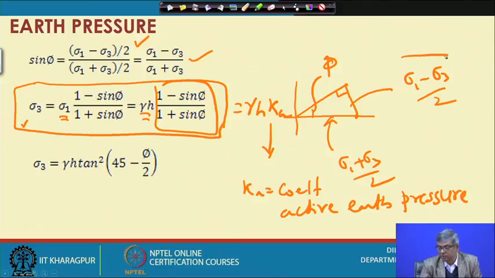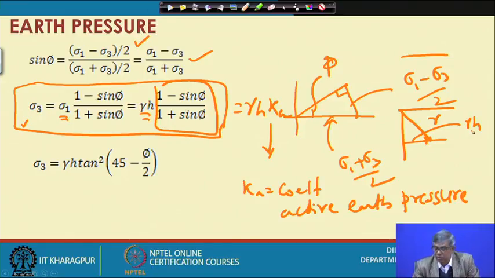So if this is the wall, and gamma is here, then at this point if I draw the vertical pressure diagram, it will be something like this, gamma times h. If I want to draw the active earth pressure, it will be something like this. How? It will be gamma times h multiplied by Ka.